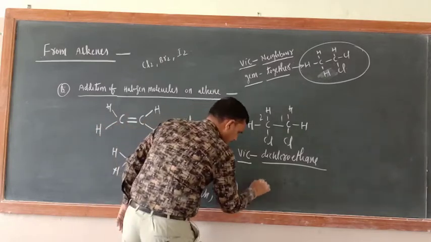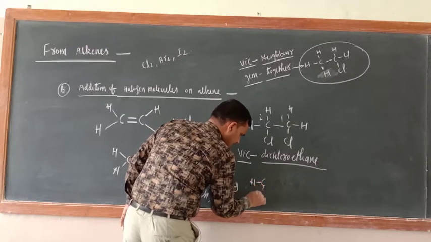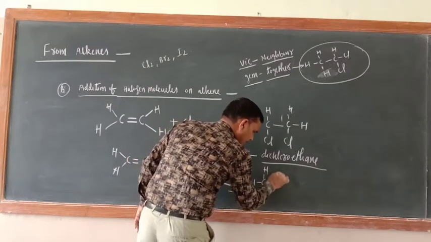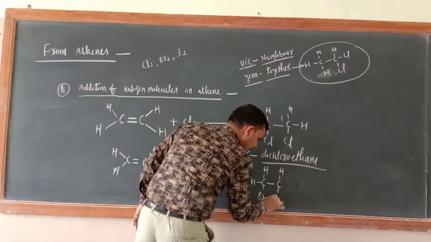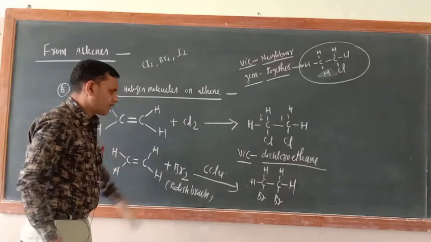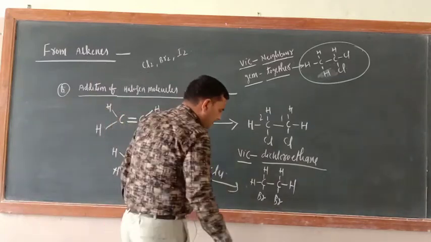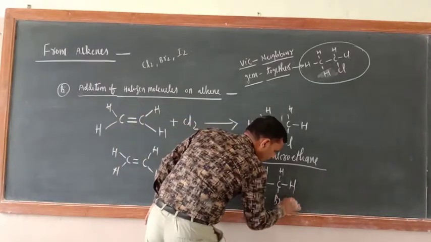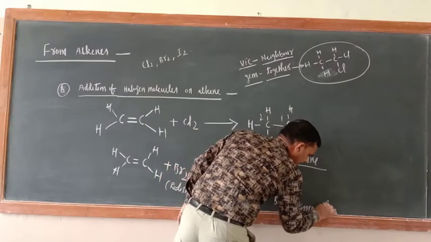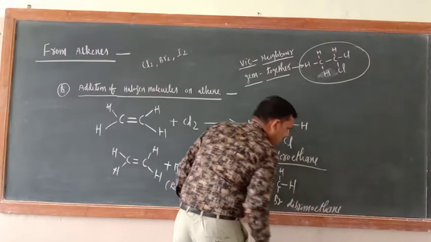The product is CH, one Br here, another one is CH, here Br and here H. Correct or not? So what is the meaning of this one? 1 2 dibromoethane.